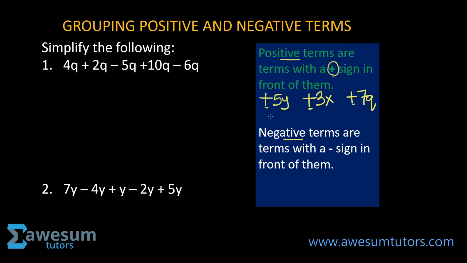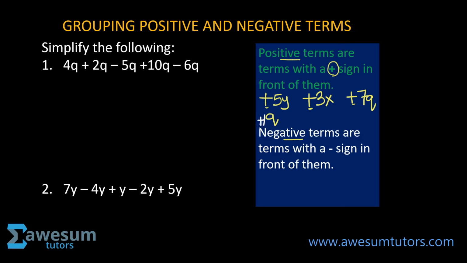What about if I have q? Now, if you take note of this, you realize that q has an invisible one. If you remember, when we were talking about coefficients, this has an invisible one right here, and because there is an invisible one without any sign, that means there is an invisible positive sign right here.